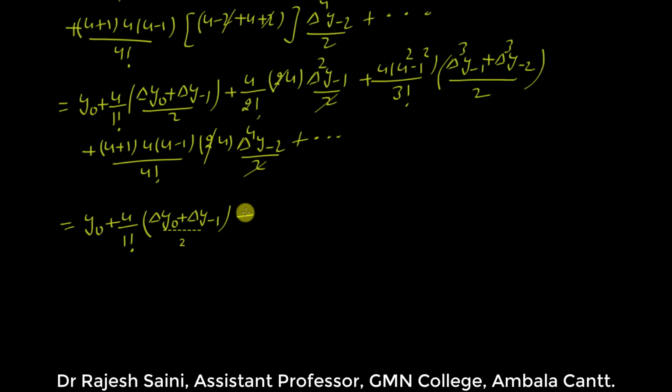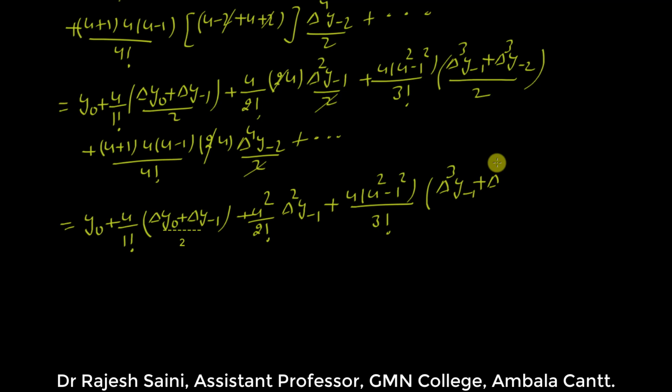This will be u square by 2 factorial delta square y minus 1 plus u square minus 1 square divided by 3 factorial, and it will be delta cube y minus 1 delta cube y minus 2 divided by 2, plus u plus 1, u minus 1 is u square minus 1 square.